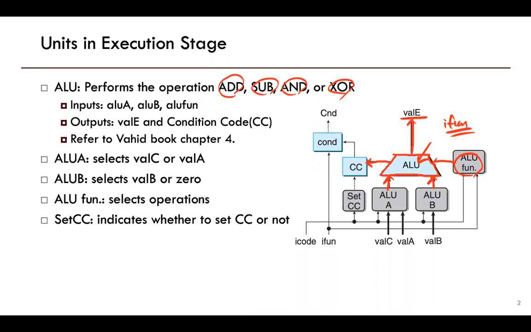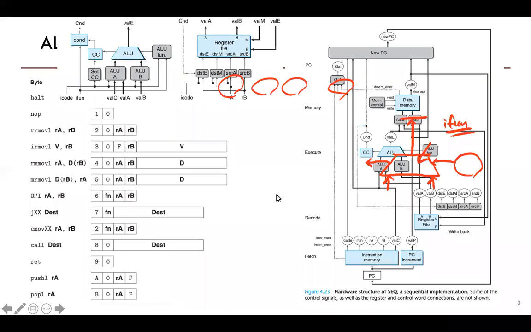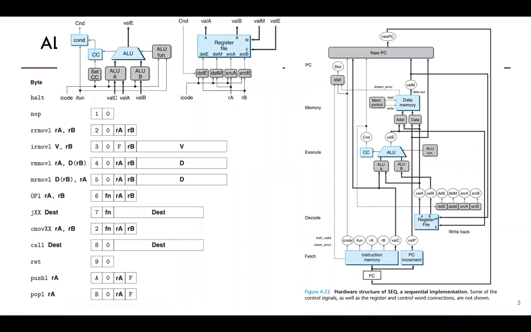Let me go to the next slide quickly. For example, the OPL instruction, which represents arithmetic operations, has a function number. You can go to the Bryant book to see exactly which is which. I remember only one: function 0 is the add operation.